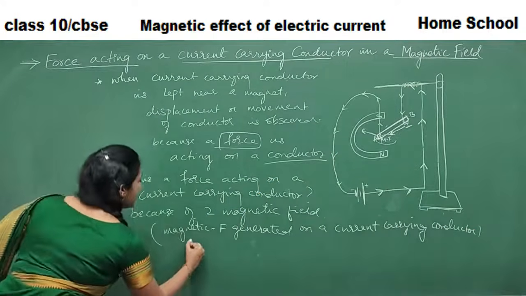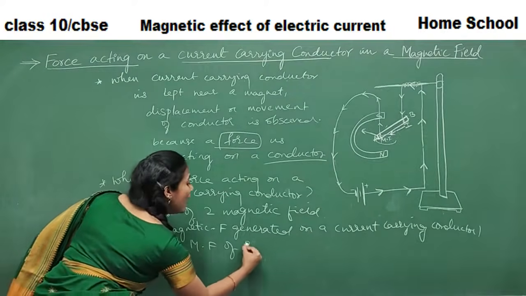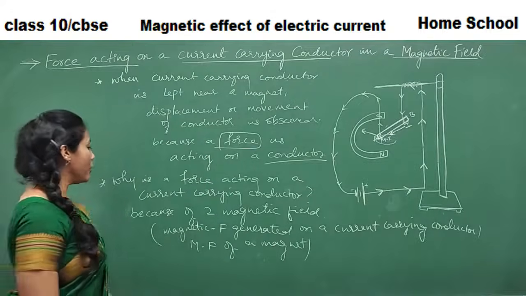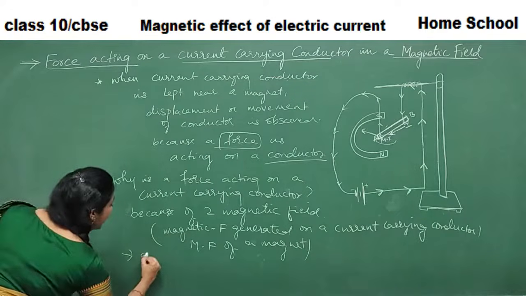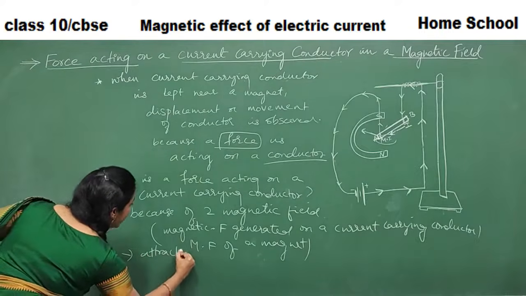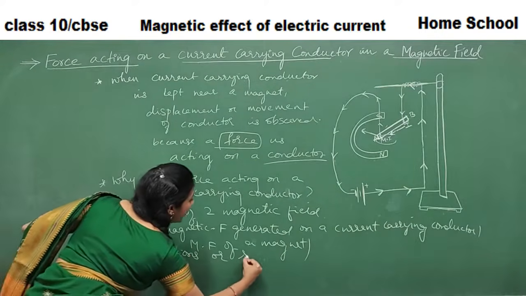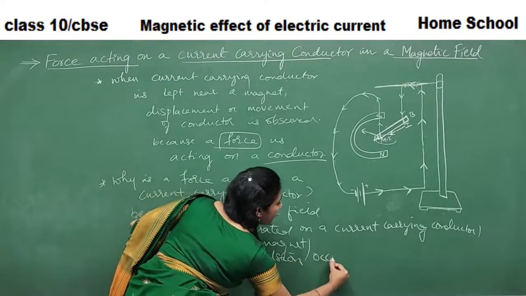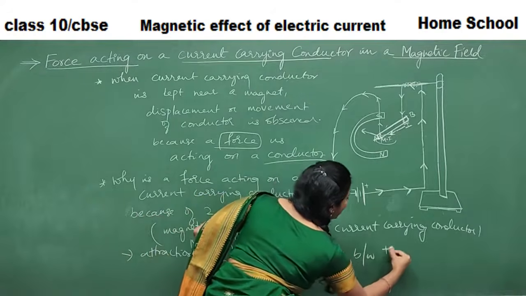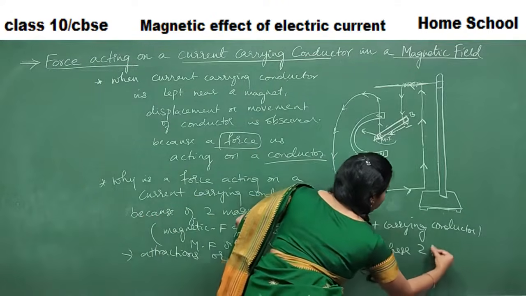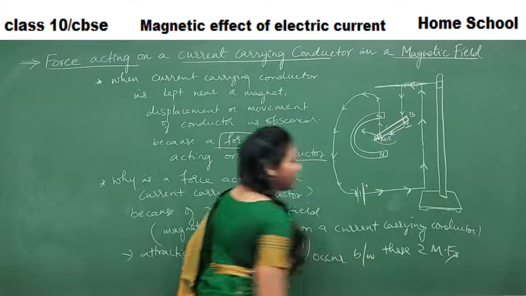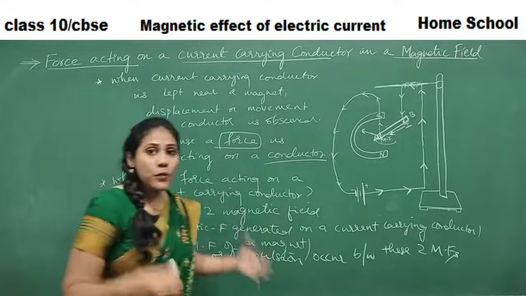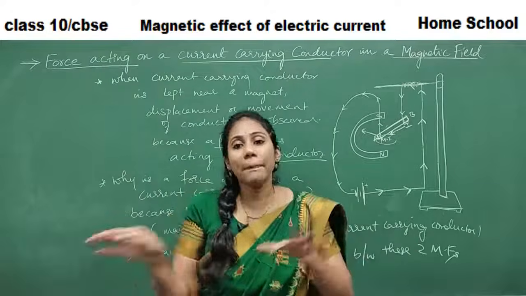And the other one is the magnetic field of a magnet. So there are two magnetic fields. What happens here? Attractions or repulsions occur between these two magnetic fields. That is the force that is acting, the magnetic force, attraction or repulsion.